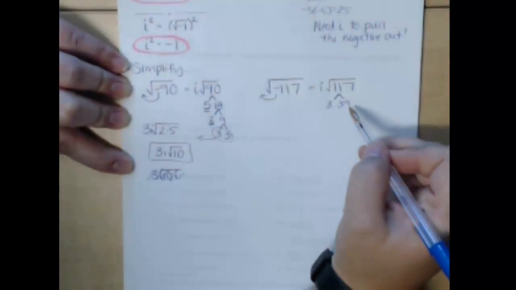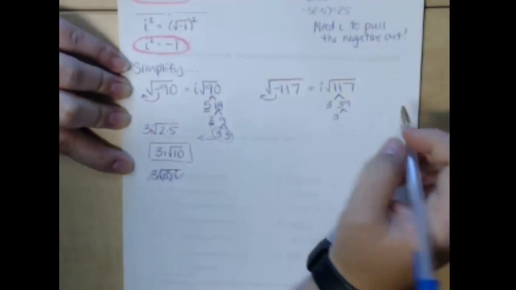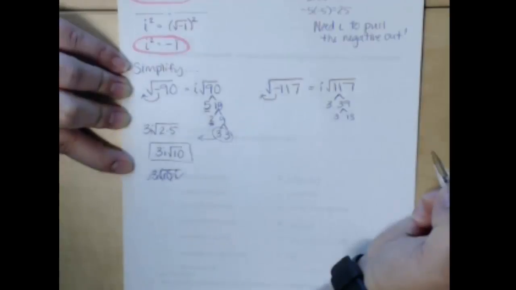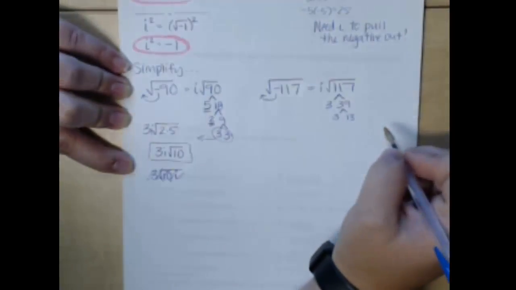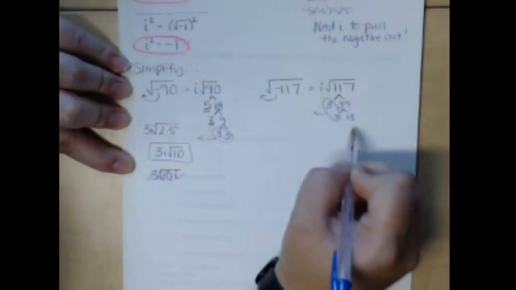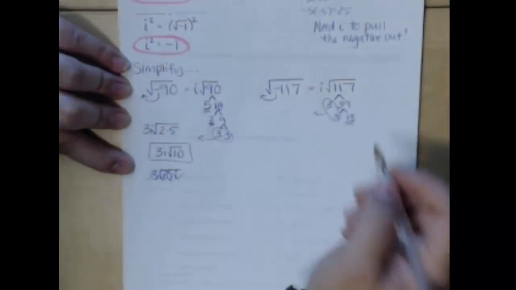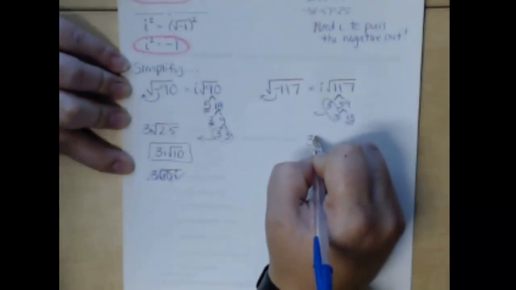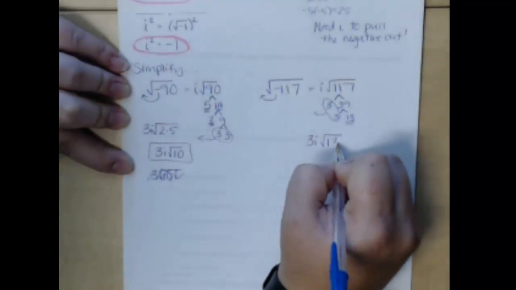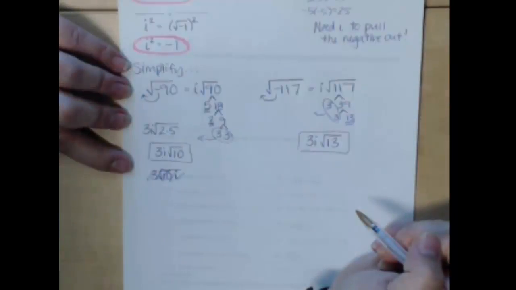And then 39, pretty obviously, is divisible by 3, and it goes 13 times. And then 13 is prime, so I can't go further with that. So notice I have 2 copies of a 3 that I can pull out, and a 13 that's going to be left under the radical. So I have the 3 that I pulled out, I have the i that I pulled out, and the only thing that's left under my radical is my square root of 13.